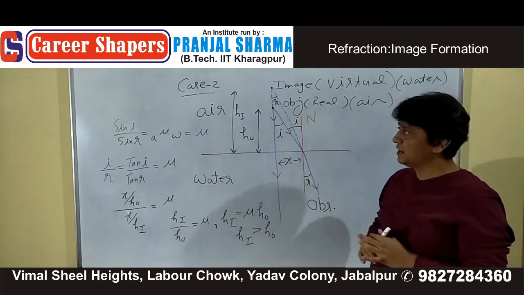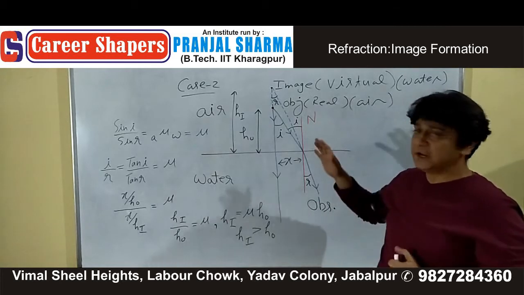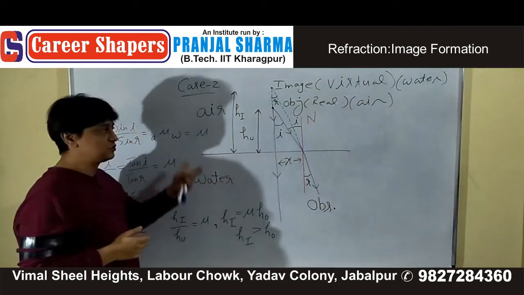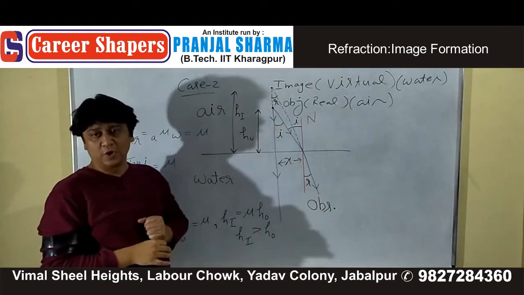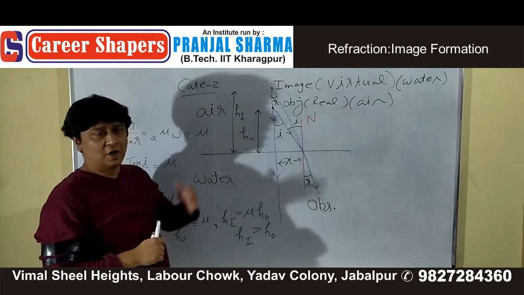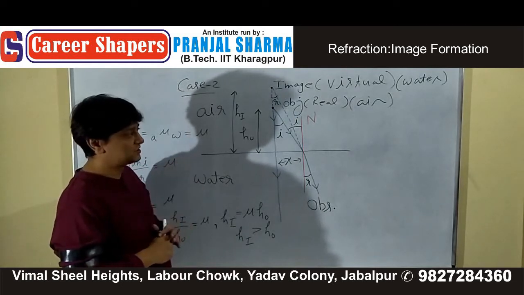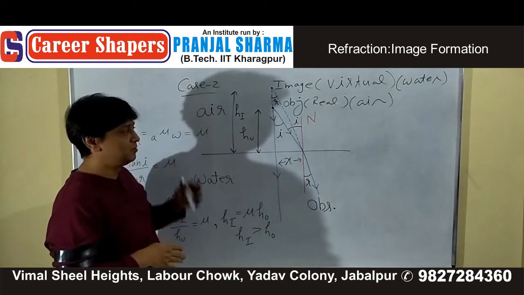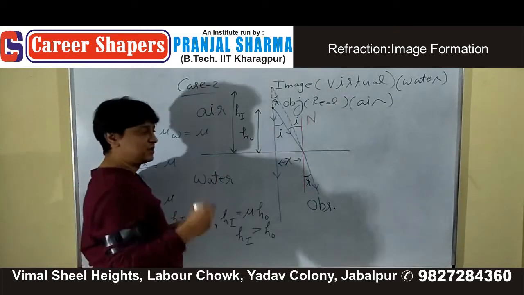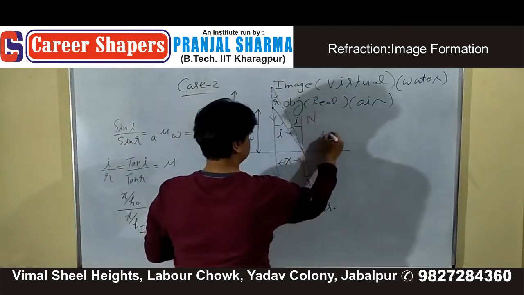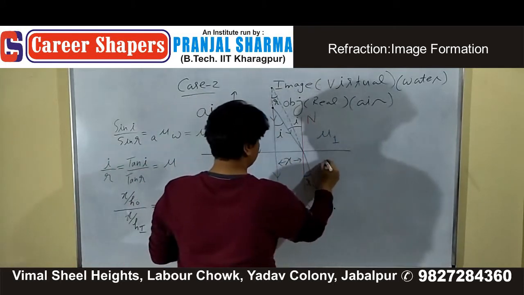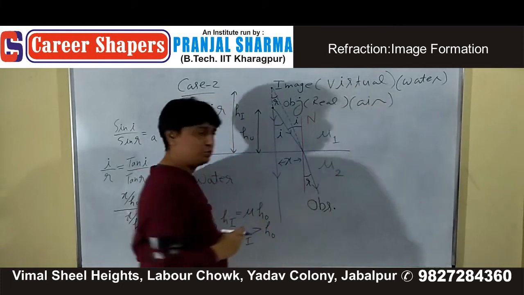But now let's see if it does matter that we should investigate these two cases separately, or we can generate something with the help of the refraction concept which we developed in previous lectures. Let's say this is your medium 1, mu 1. This is your medium 2, mu 2.